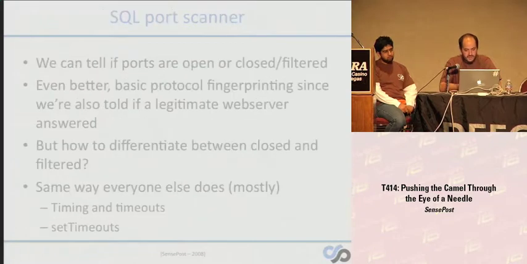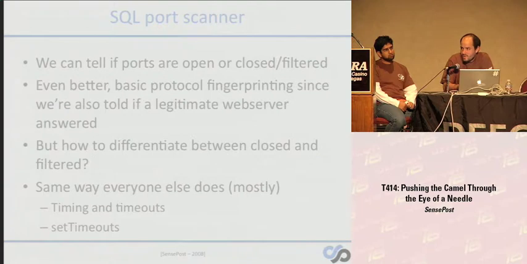I've gone through, I think, most of this. So the one thing to point out is we differentiate between open and closed and filtered ports just through the use of timeouts, which is pretty much what everyone else does. So the technique behind the port scanner is pretty standard, but what we've done is shifted this into the SQL server itself.